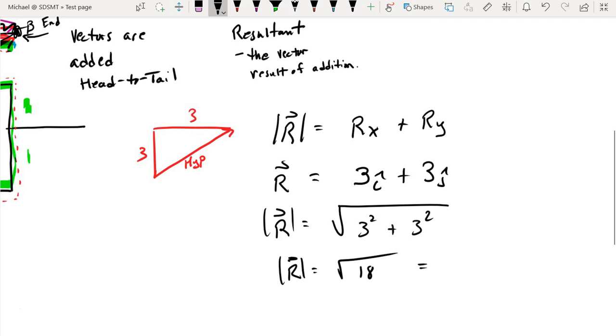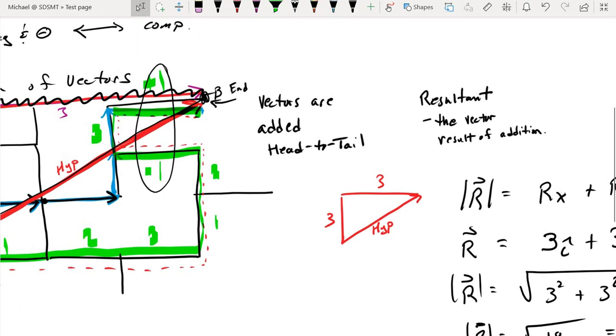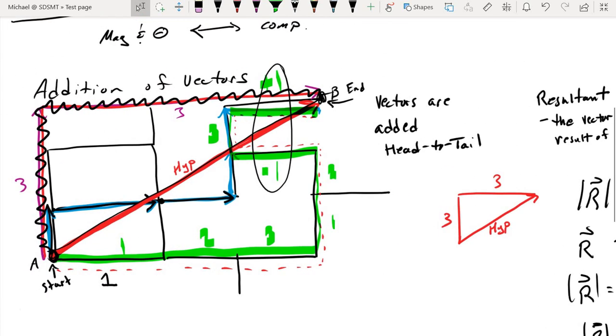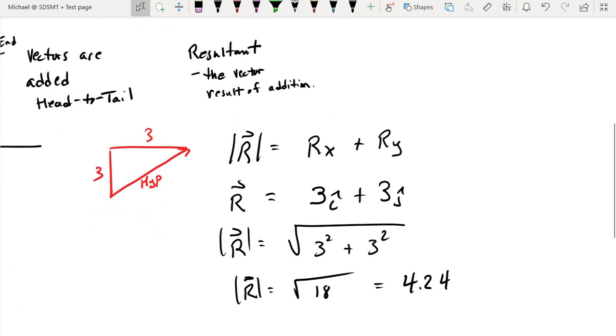So root 18, what is root 18 going to be? That's 3 square roots of 2. But I'll just plug this into my calculator, get a decimal value, 4.24. And I didn't specify exactly what the units were, I just said blocks. So we've essentially traveled about 4 1/4 blocks in getting from point A to point B.